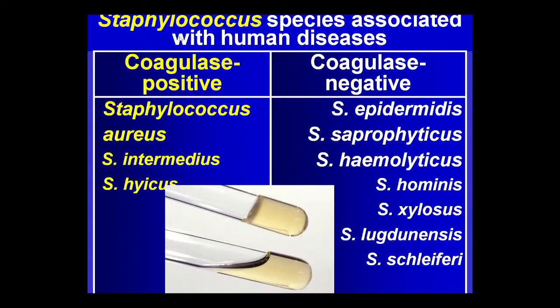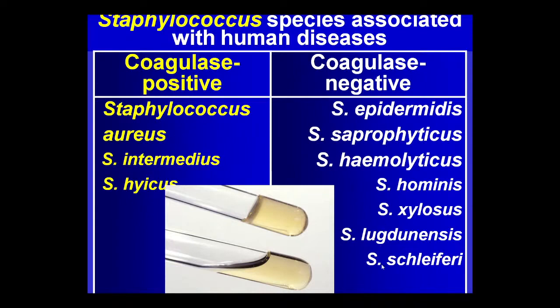So, if you are talking about Staphylococcus species, there is a large collection of many species, right? But they can be broadly classified into coagulase positive, and there we have the one that could be highly pathogenic, Staphylococcus aureus. And we have also coagulase negative.